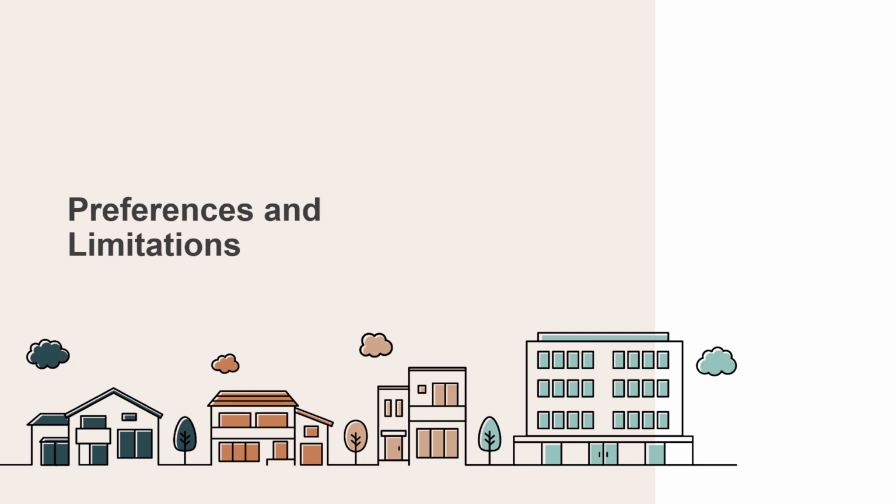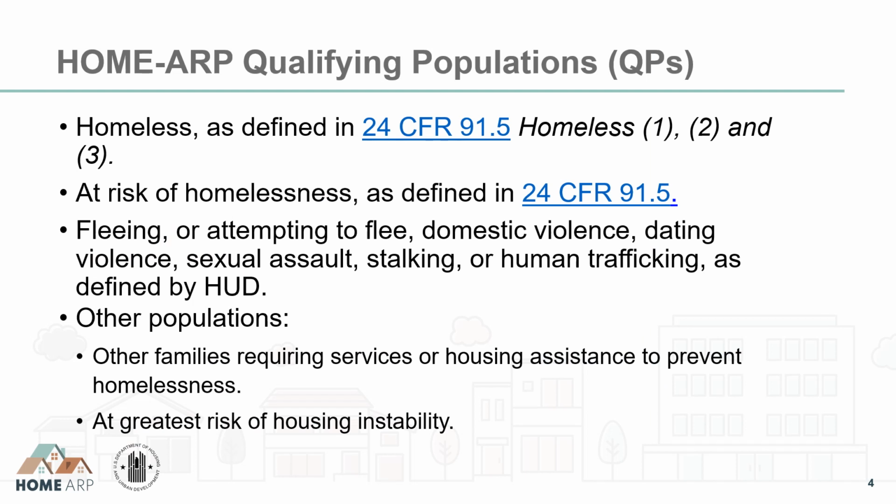We will begin by expanding on preferences and limitations in HOME-ARP. But first, we will quickly review the HOME-ARP qualifying populations, or QPs.